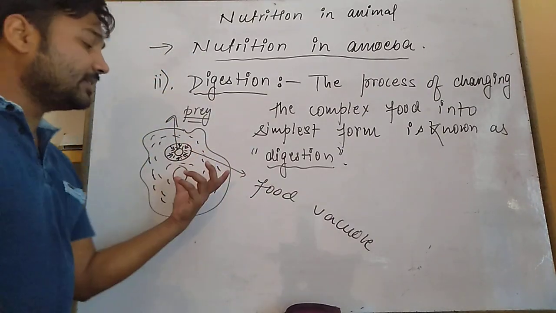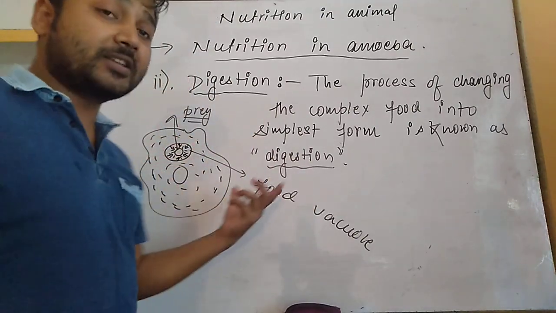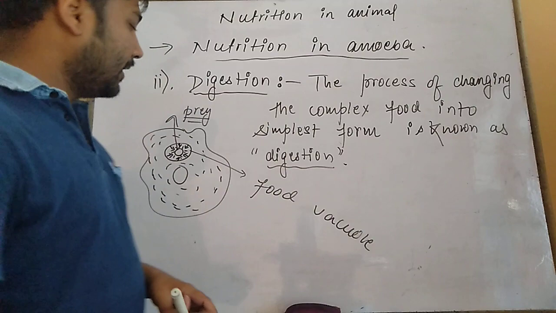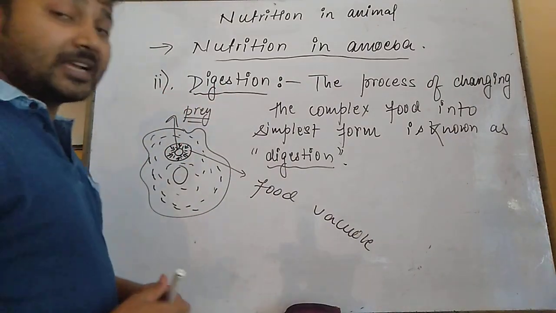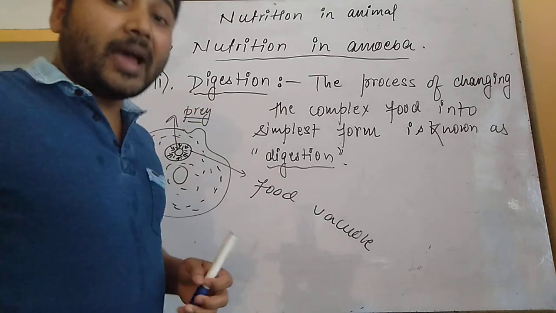Understand? This happens because of secretion of the digestive enzyme in the contractile or the food vacuole, and after this step the process takes place that is known as absorption.